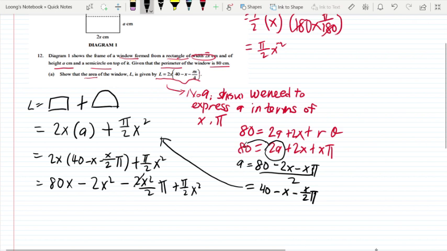And here we could just cancel out, and what we are left with is 80x minus 2x squared, and this one is minus x squared plus half x squared, so it will actually become minus pi over 2 x squared.